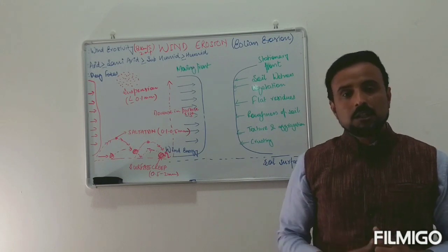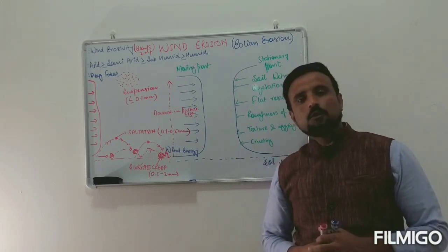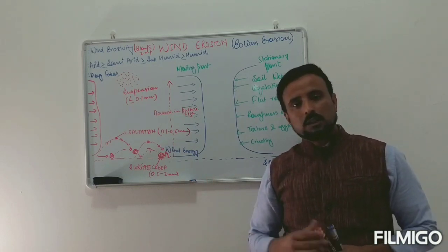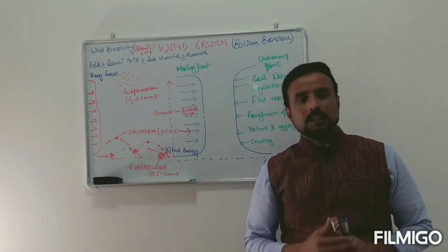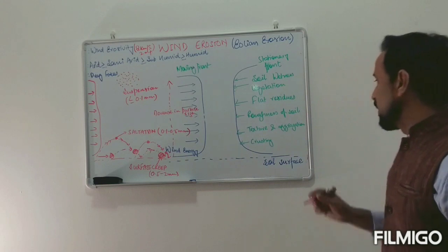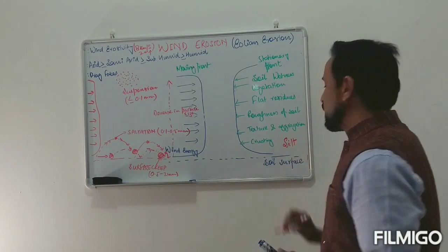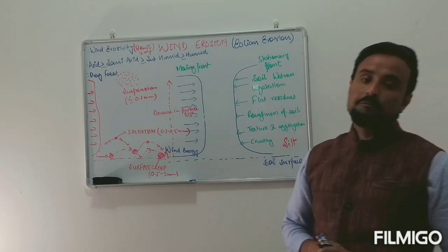Now there is an important difference between wind erosion and water erosion: in wind erosion, the wind that moves on top of the soil mostly takes silt-sized particles.